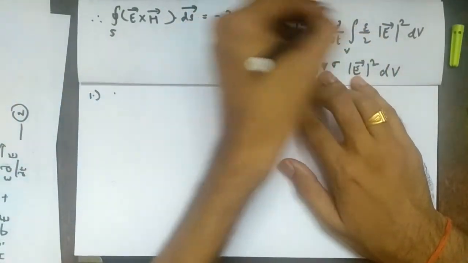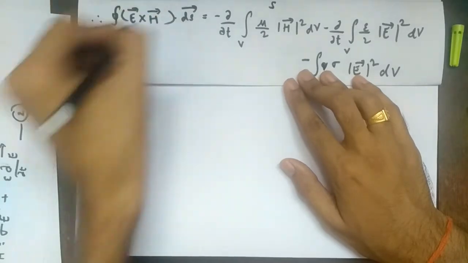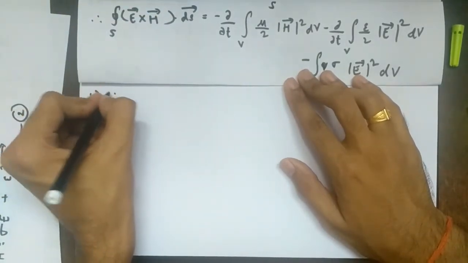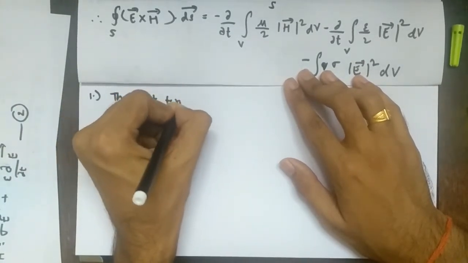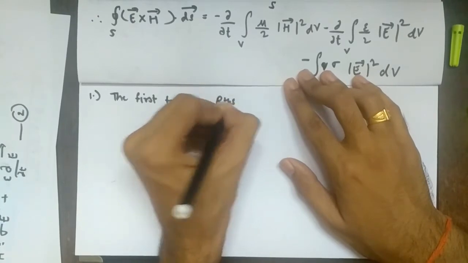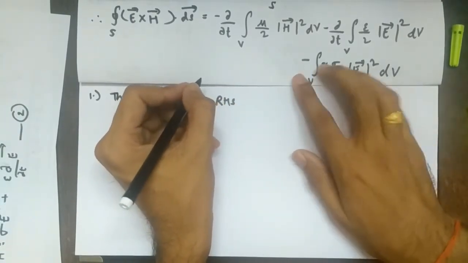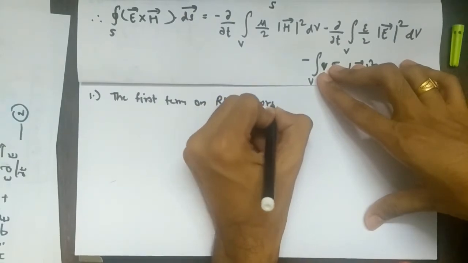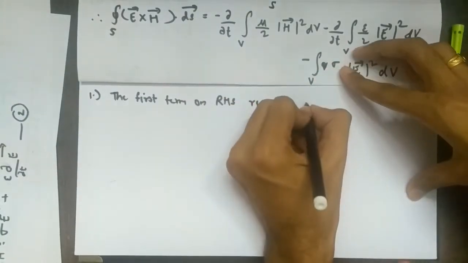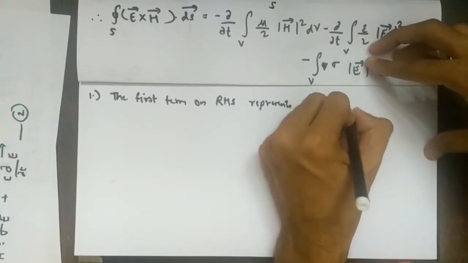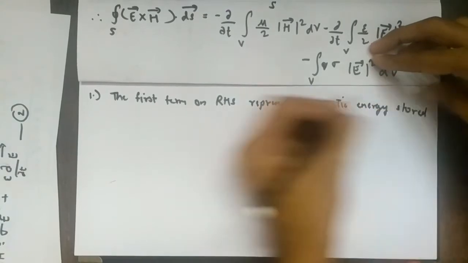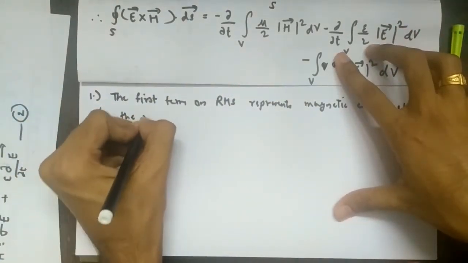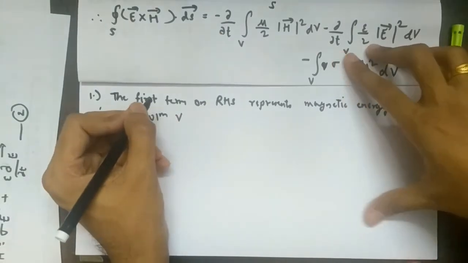The first term on the RHS, as I said, represents magnetic energy stored in the volume V, right?